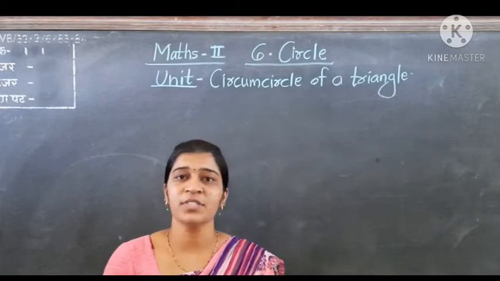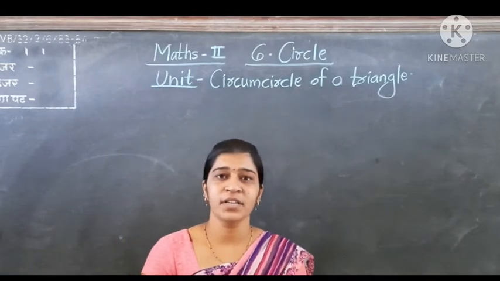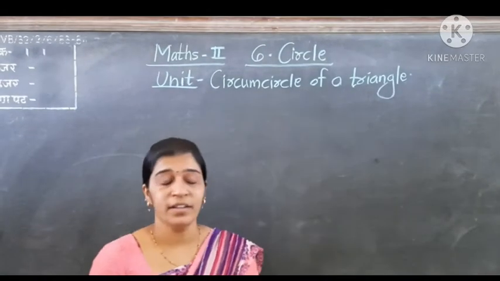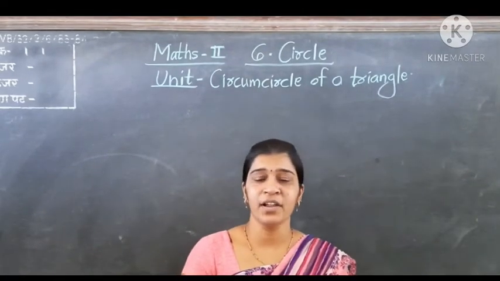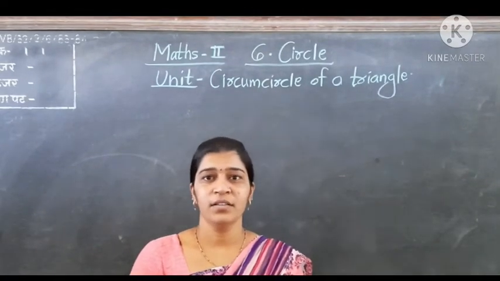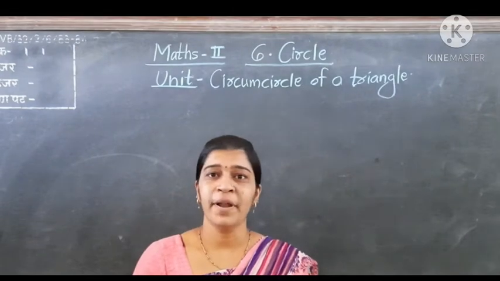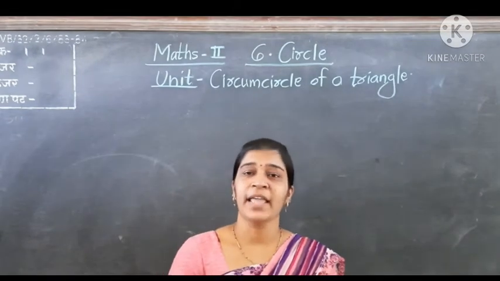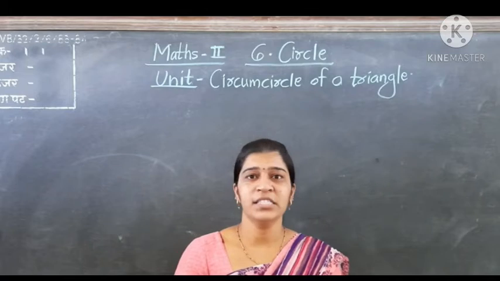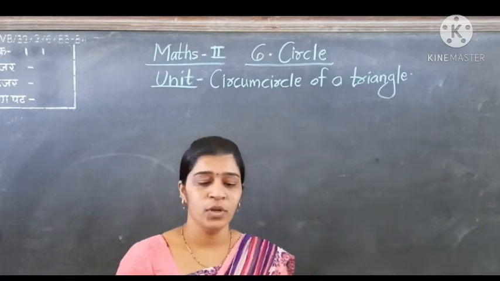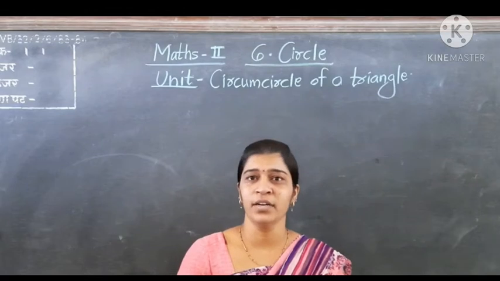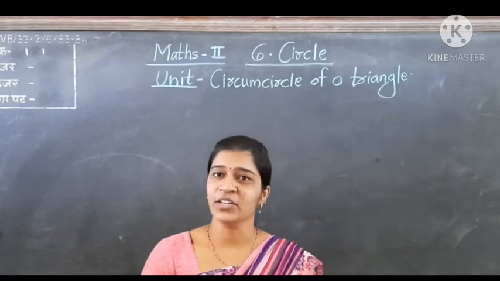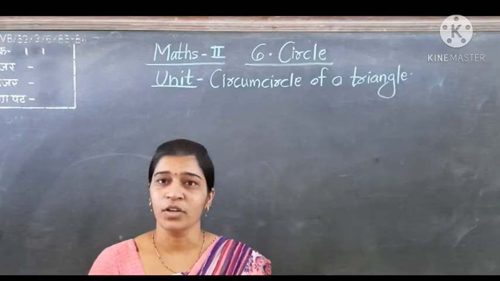You had already learned about the triangle properties. Perpendicular bisector, angle bisector we had already seen. We know all the angle bisectors of a triangle are concurrent. All perpendicular bisectors of a triangle are concurrent.